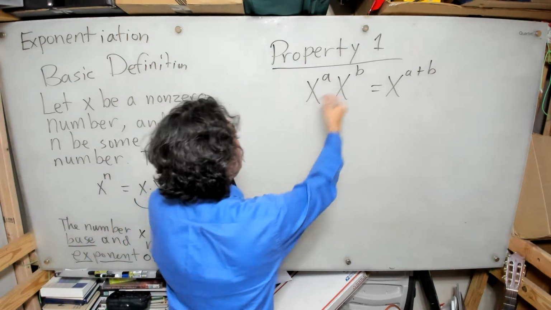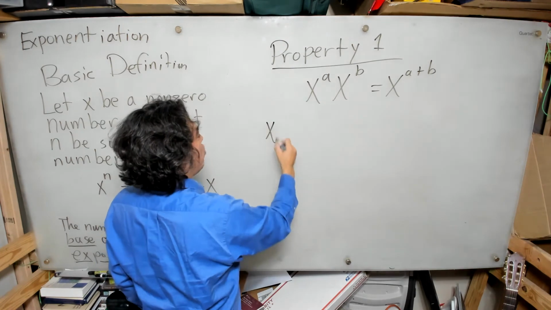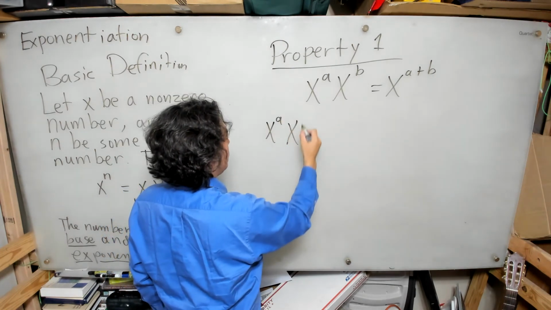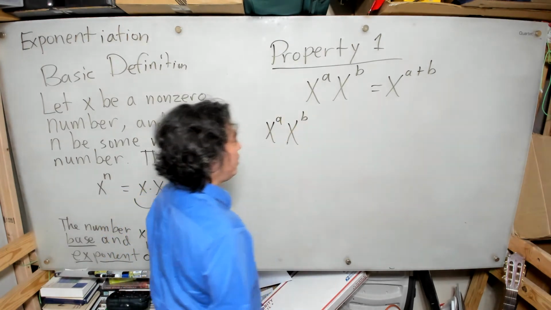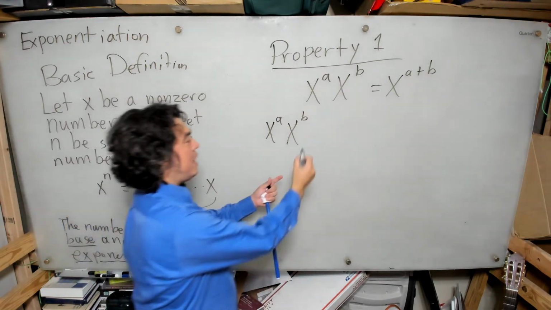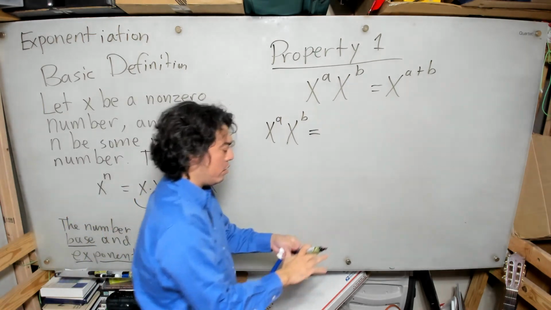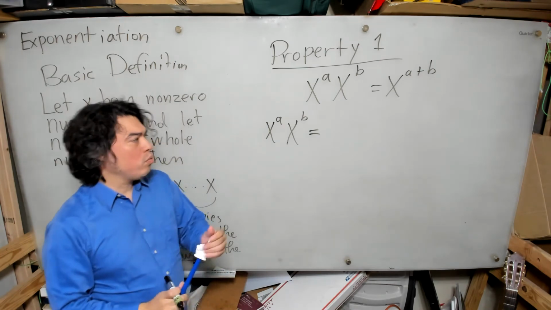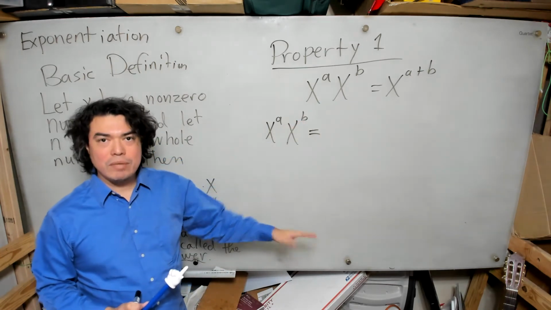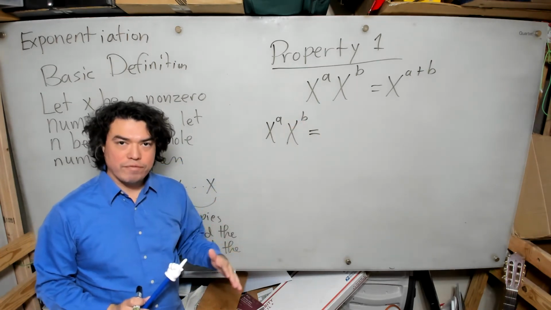In general, by the way, guys, this part that I'm about to do is going to be slightly abstract. So if you don't get it on the first view, don't worry about it.